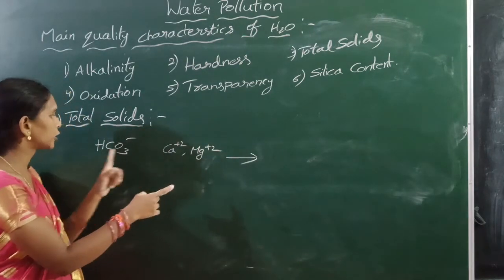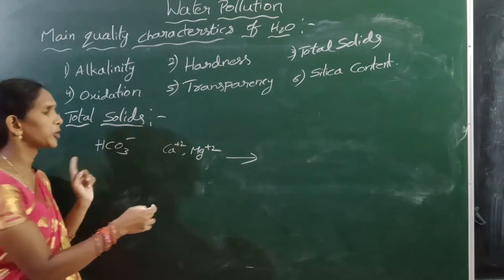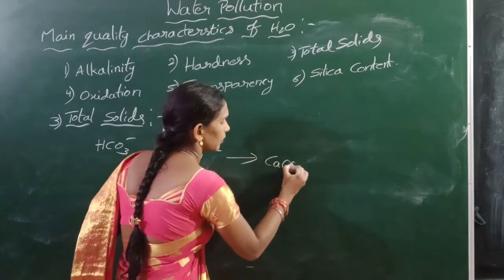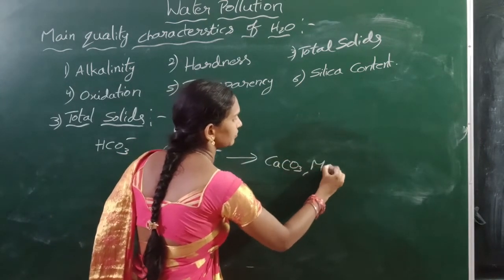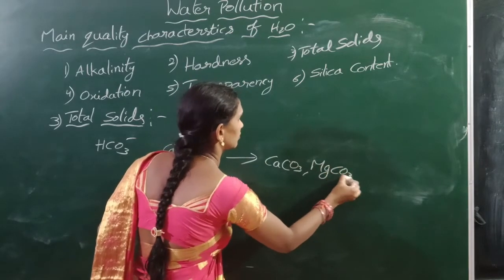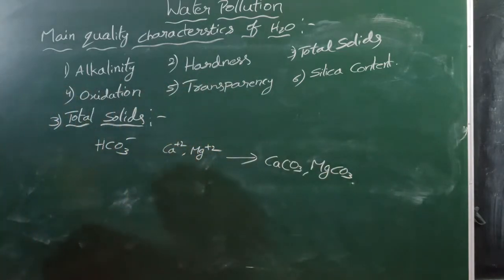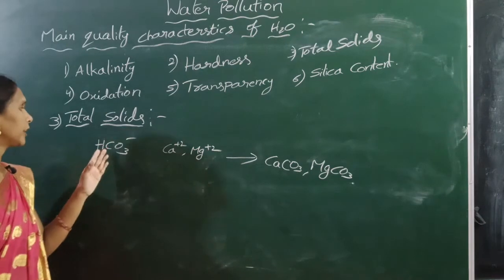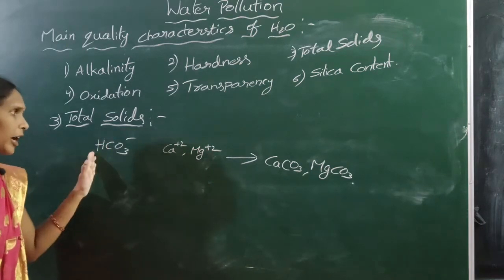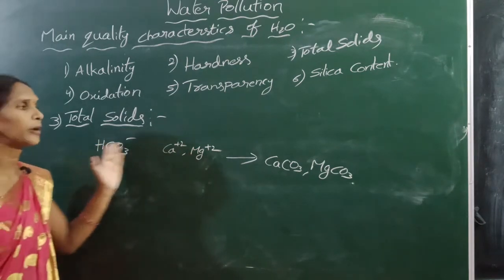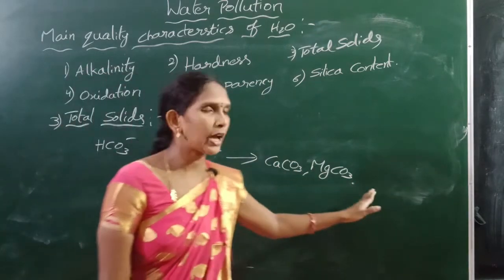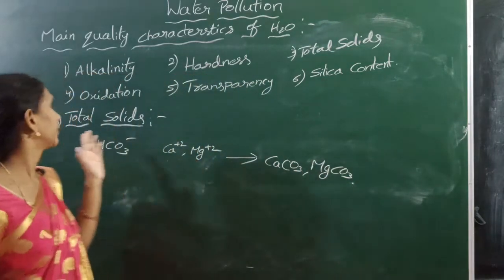Carbonates means calcium carbonate, magnesium carbonate. That means calcium bicarbonate and magnesium bicarbonate can be converted into calcium carbonate and magnesium carbonate.